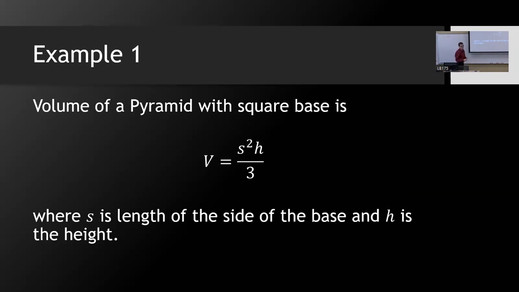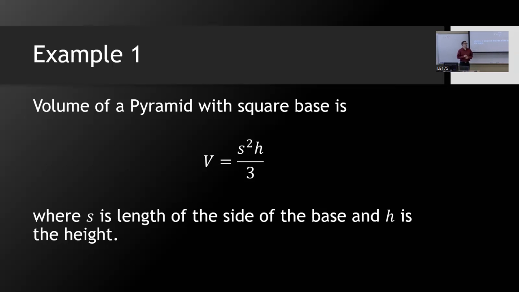S there stands for side length, H stands for the height of the pyramid, and V obviously stands for volume. Again, this is a pyramid with the square base.